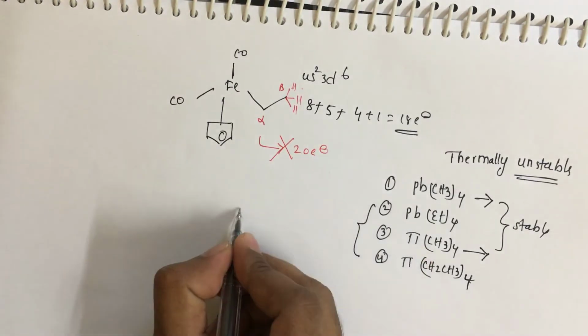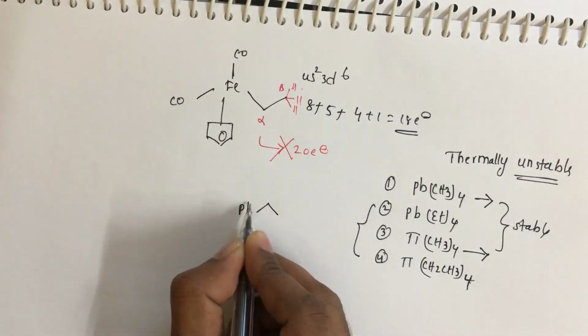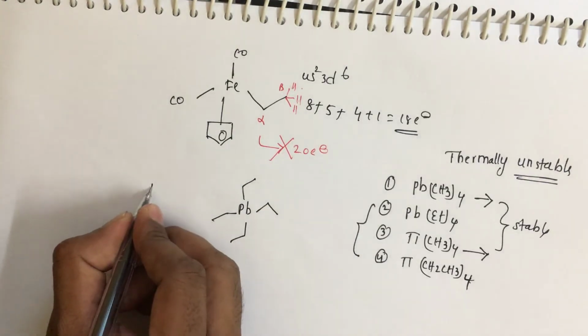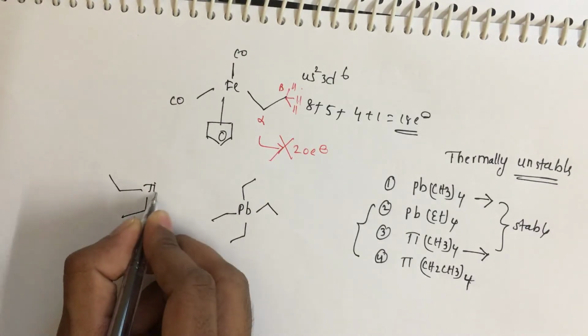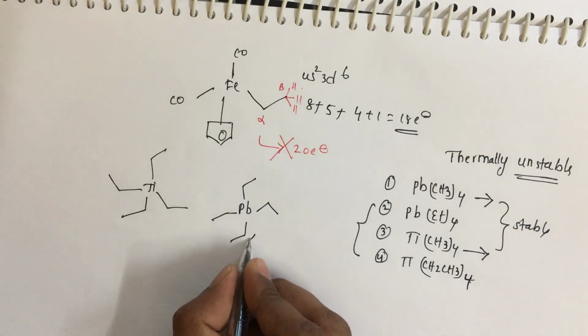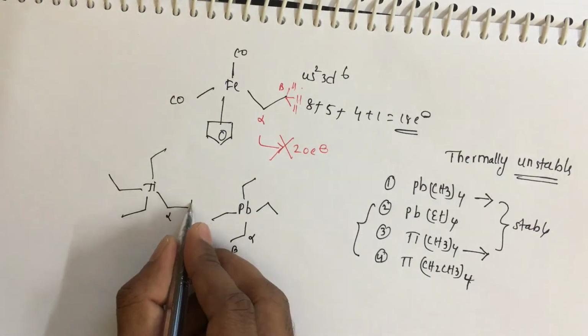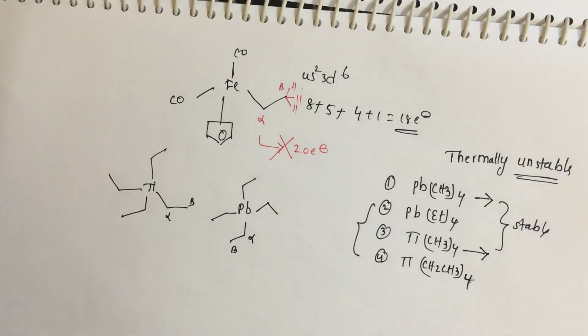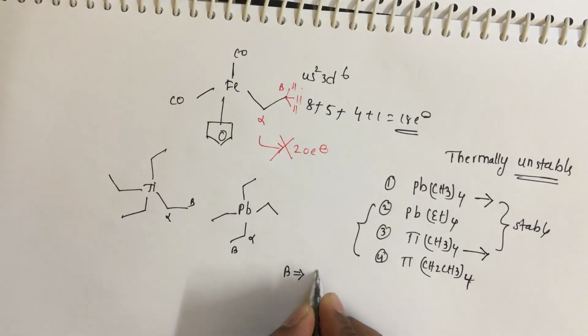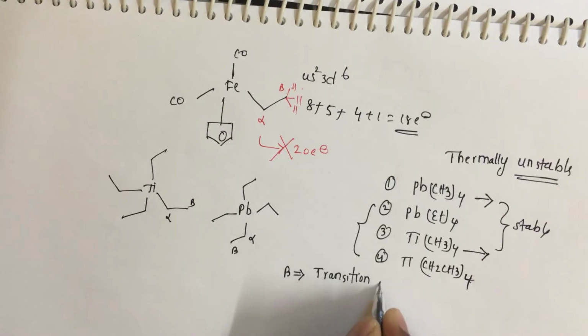Here we have Pb like this, and here also we have titanium, I think this is a tetrahedral shape. One thing we need to remember is that in both cases we have beta hydrogens, but the main thing is that beta hydride elimination is only for the transition metals, and not for the inner transition elements.